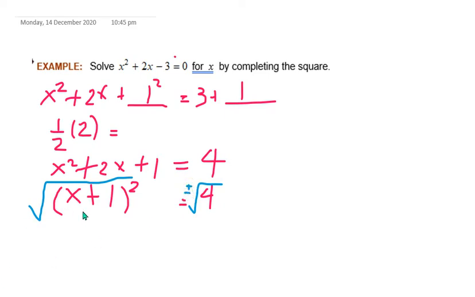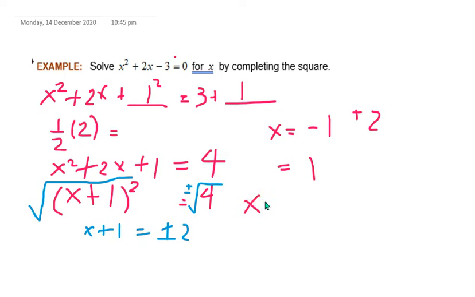So the square root of (x plus 1) squared is x plus 1, and the square root of 4, positive and negative, is equal to 2. Therefore, we have now the roots. x is equal to, we're going to transpose this, that becomes -1, and then we copy plus or minus 2. We have -1 plus 2 is equal to 1.